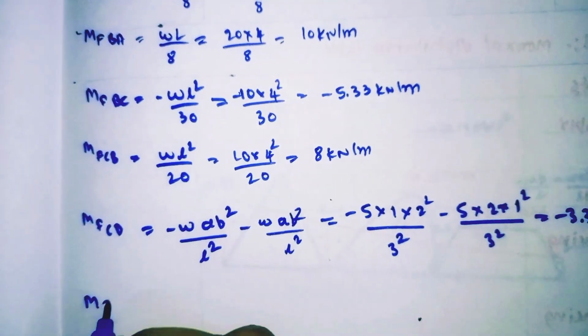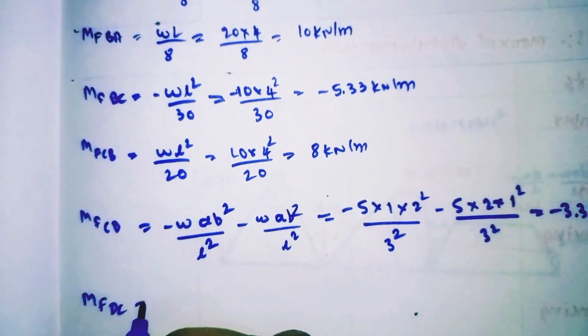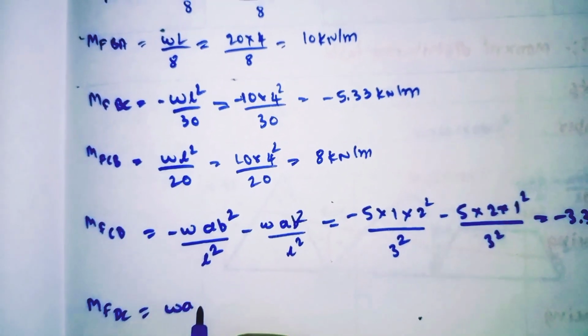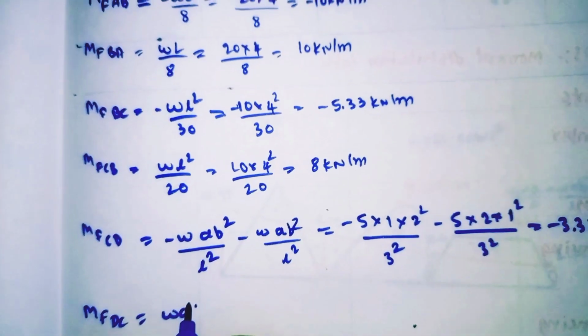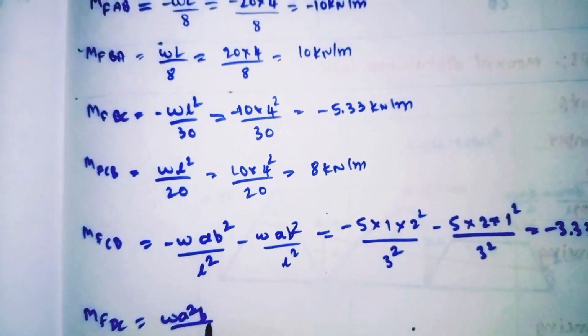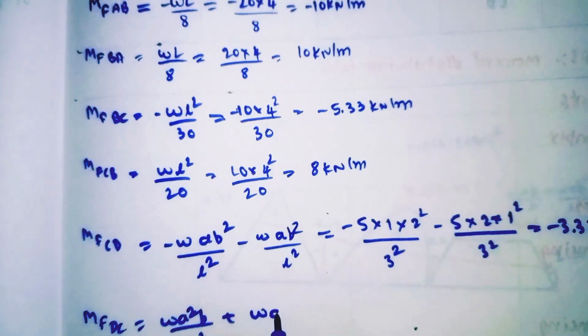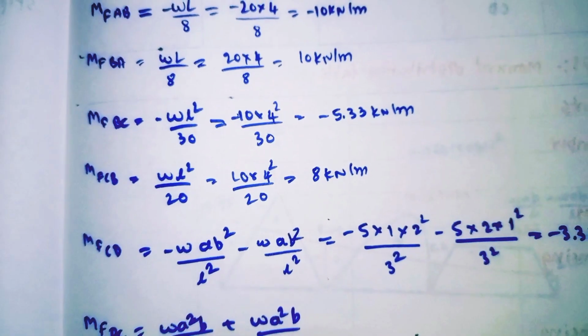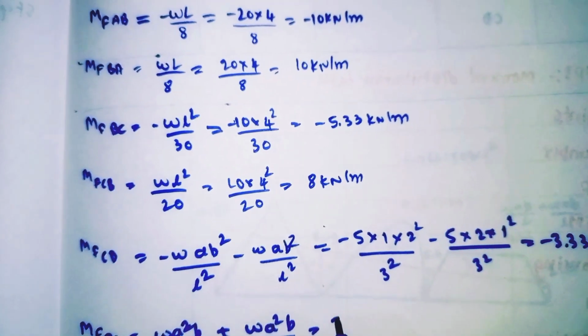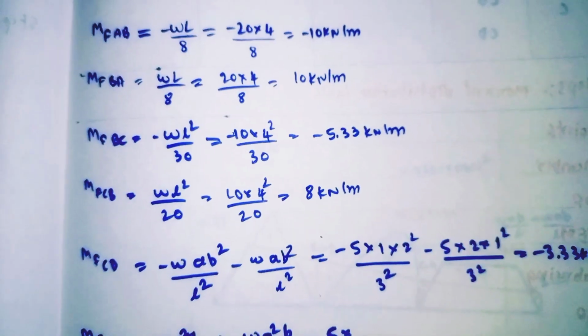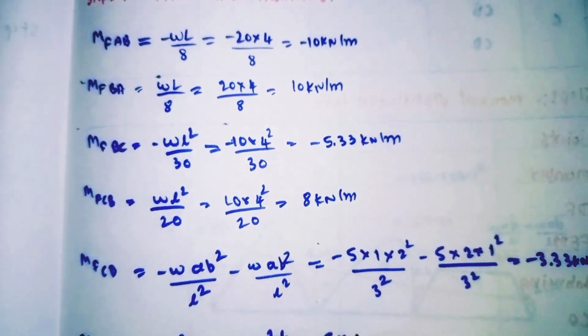Similarly for MF DC, we have the formula W A square B divided by L square plus W A square B divided by L square. Here also W is 5 and A is 1.